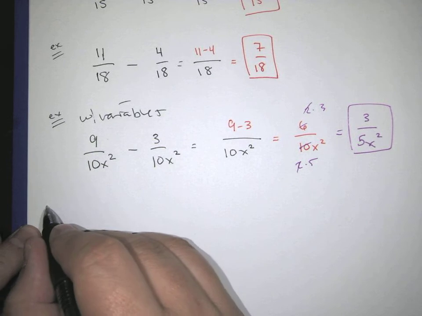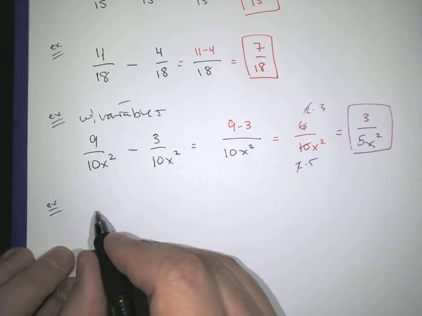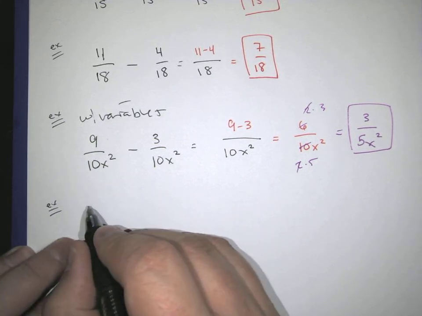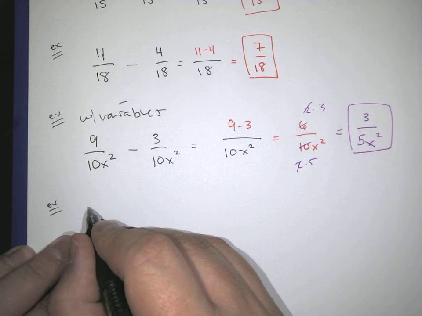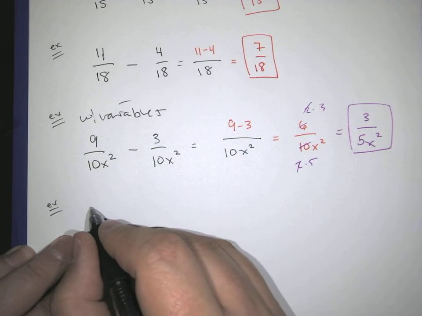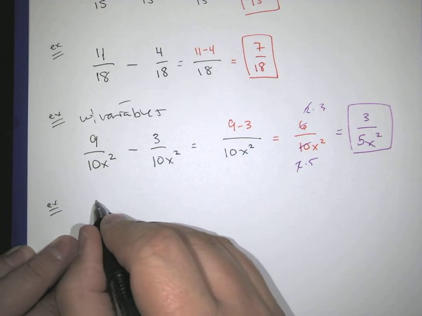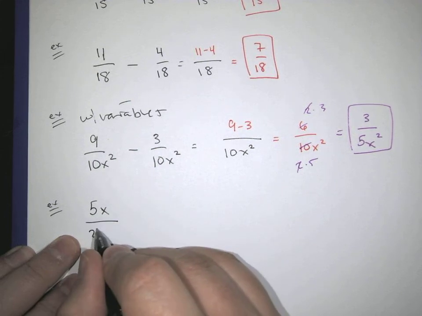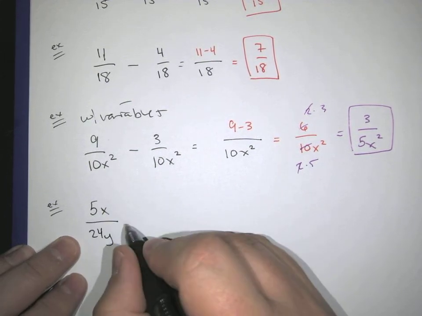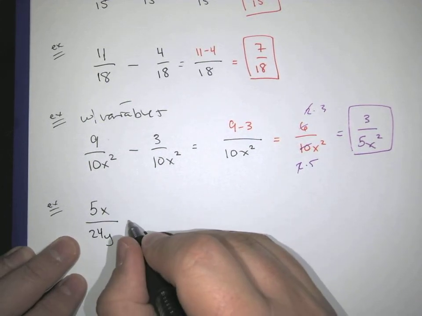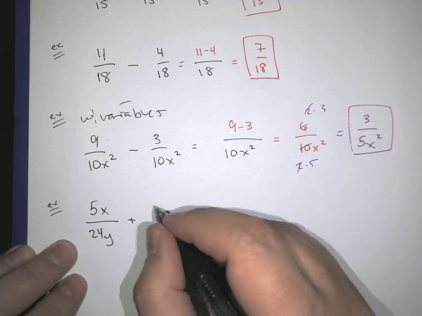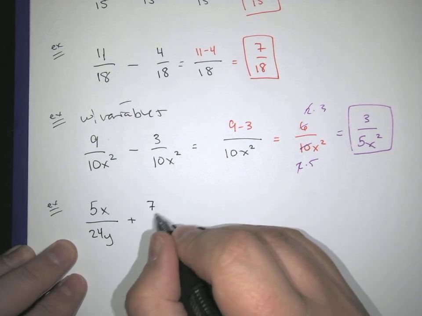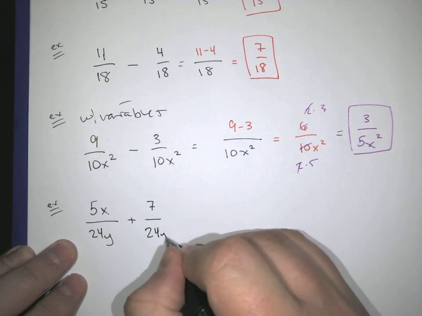Let's do one more variable guy. What if we throw some variables up top? Let's do something like, I don't know, 5x over 24y. Let's do plus something like 7 over 24y.